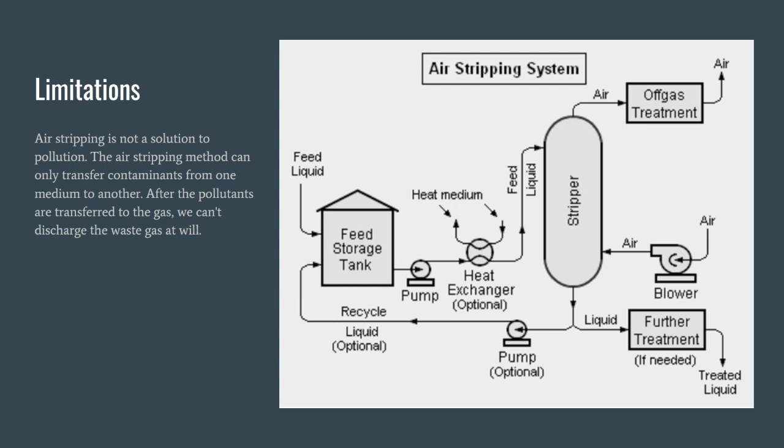So, the air pollution control device should be evaluated before determining which device to use when we design the air stripping system. Also, that means the lower concentration of VOCs we want in the gas stream, the higher control cost we will need to pay in the system.